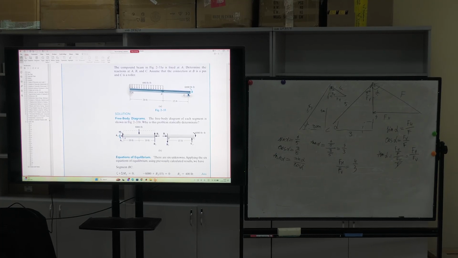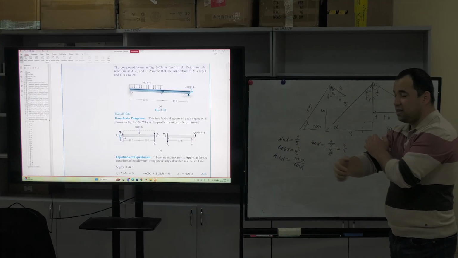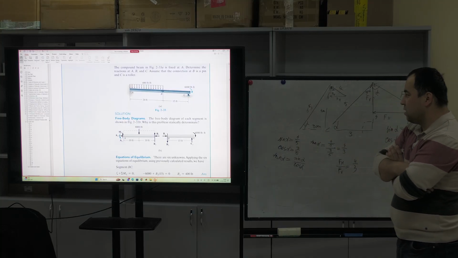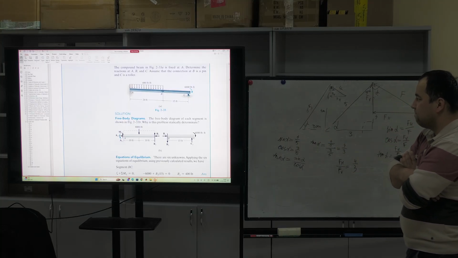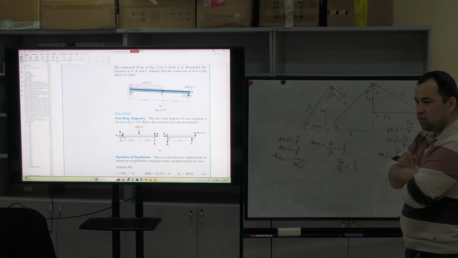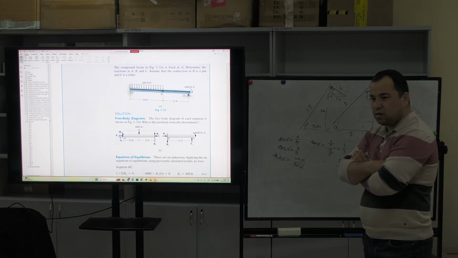This is much more simple. But here we have an internal hinge. Okay? I think you have already met this kind of problem. Yes?